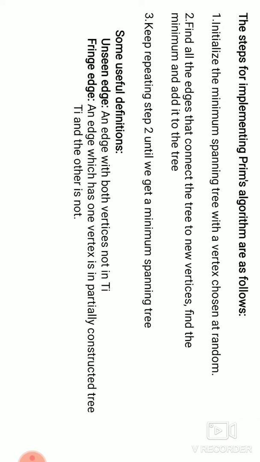A fringe edge is an edge that has one vertex in the tree and the other one not. So the edge connecting A and B is called a fringe edge, which has one vertex in the tree set and the other vertex out of the tree. So these are different definitions that will be used. So here we have an algorithm.